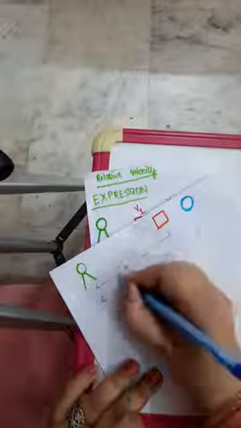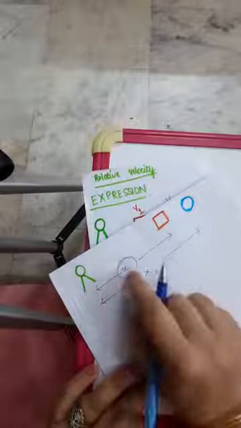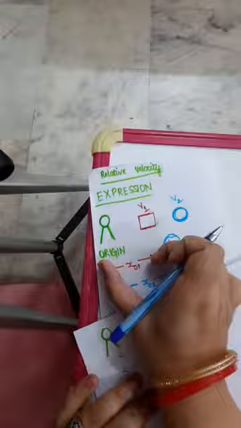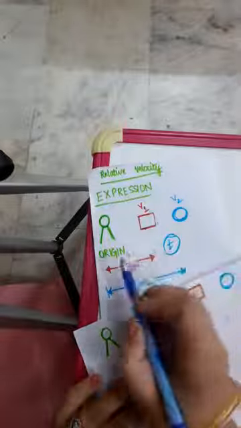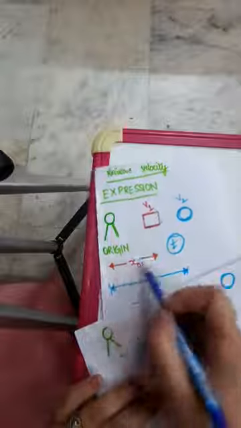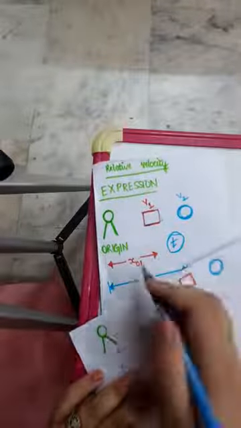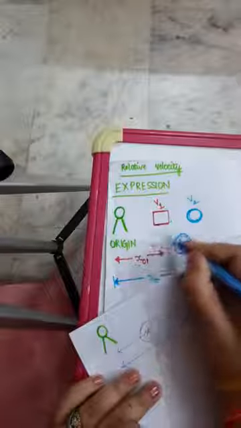So if you want to find the expression for this x1, of course x1 will contain the distance that was initial. Initially, when the motion had not started, the distance was x01. So this x1 would be x01 plus something.